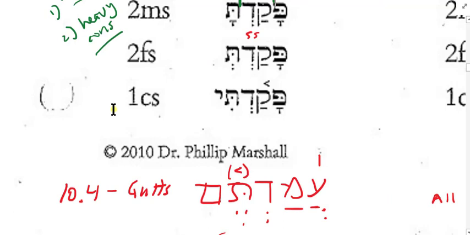In ROS 10.4, and this is on page 88, we meet with the problem of gutturals as one of the 3 root letters. You remember how I told you that when the verb is a strong verb, all the consonants are normal and there are no irregularities. But if I've got a weak verb and gutturals are weak consonants, they cause problems, then we're going to have some slight irregularities.